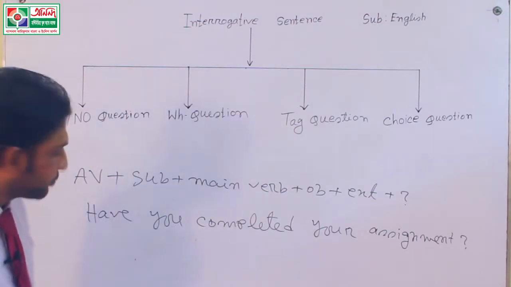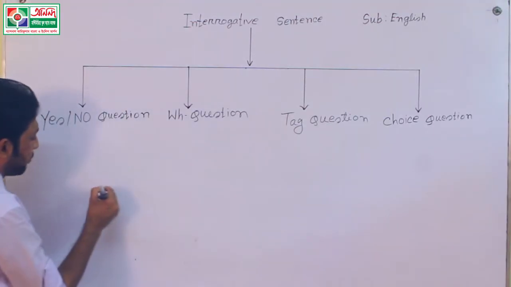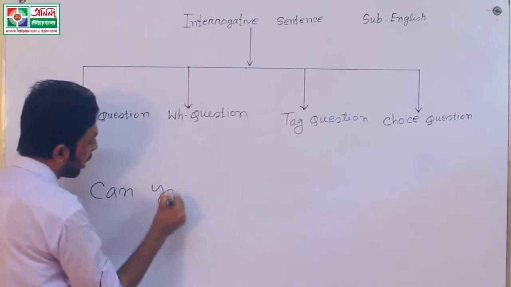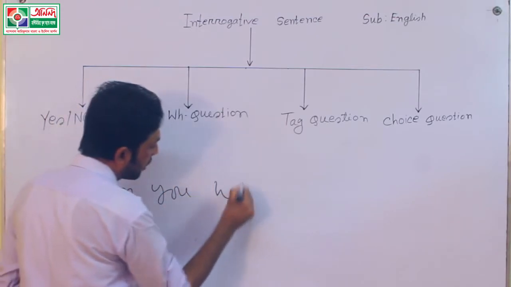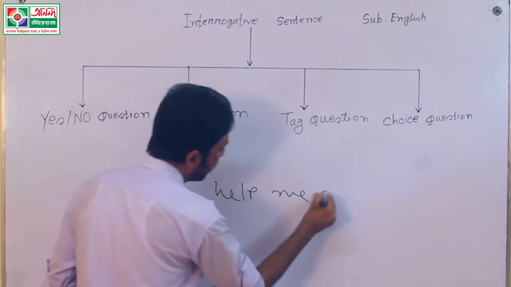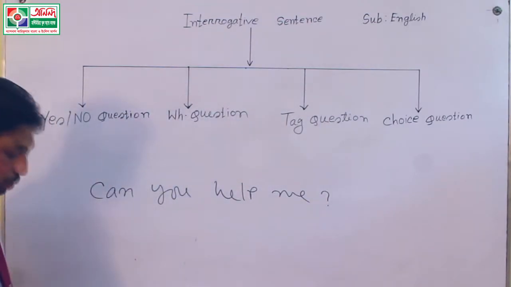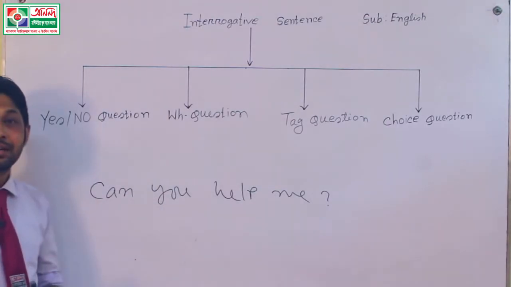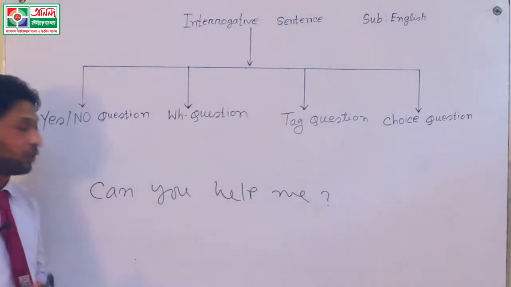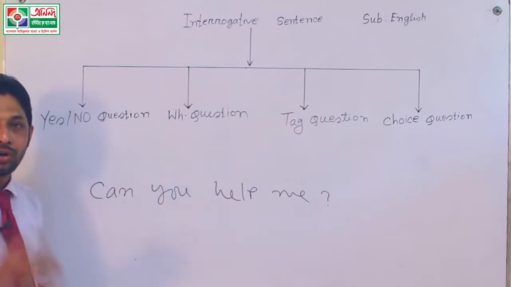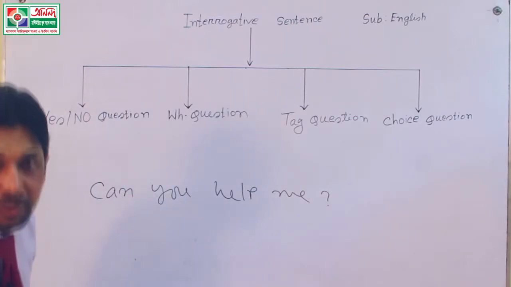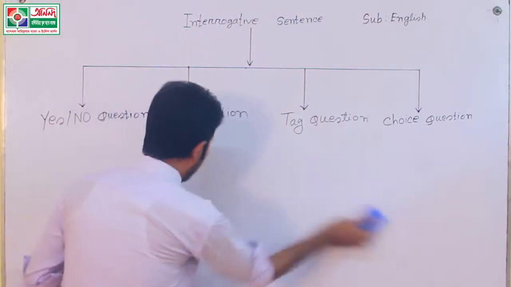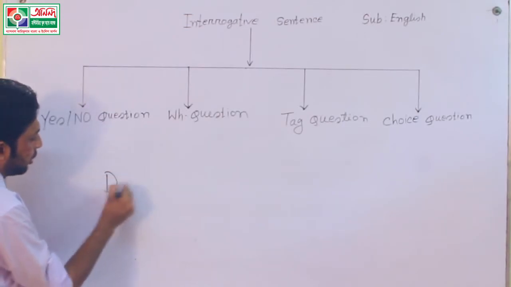Another example, my dear students. Can you help me? I am asking you, can you help me? If we help, you will say yes, but if we are unable, you will say no. Is that clear? I am giving another example. Look at the example.